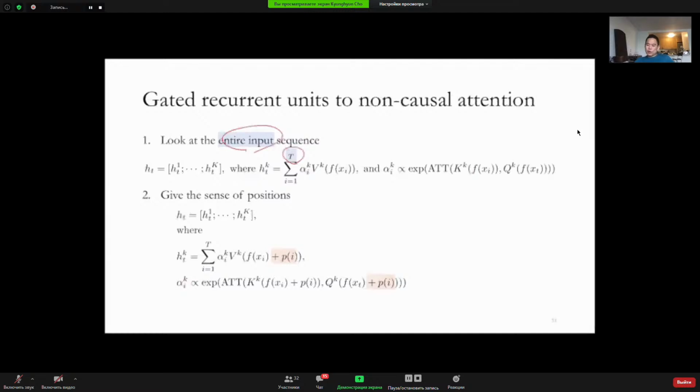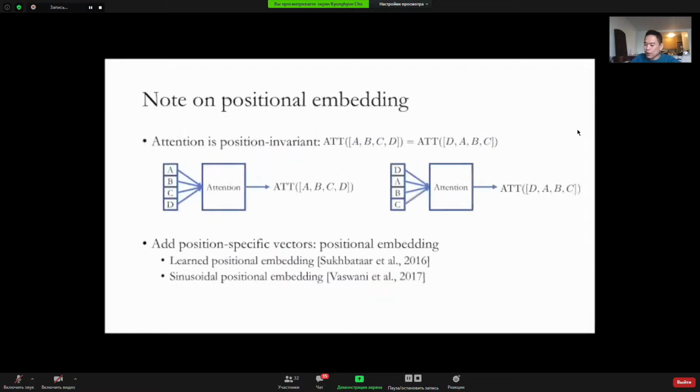Now, one thing I want to talk about is that attention does not depend on the order of the input vectors. And that's not good because we know that the order matters. So what people have been doing is to use so-called positional embedding. Why is that so? It's because when you vary the order of the vectors, attention won't make any changes.